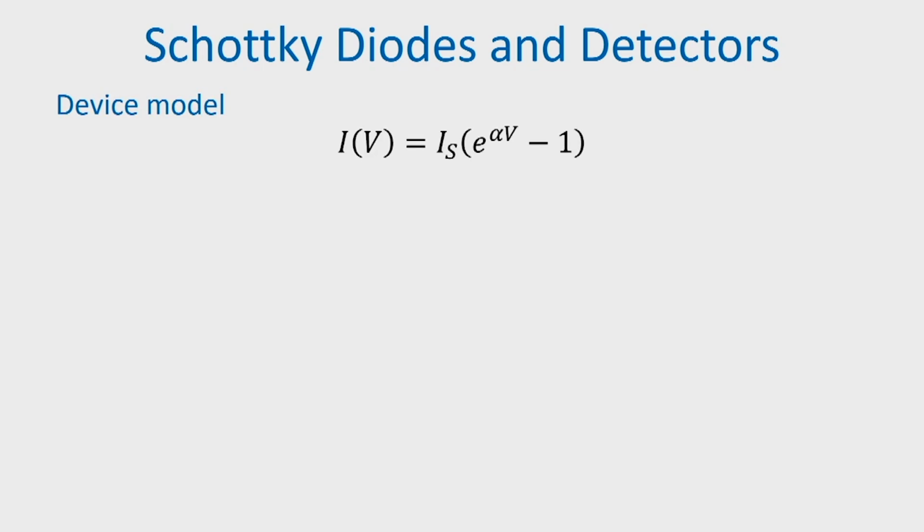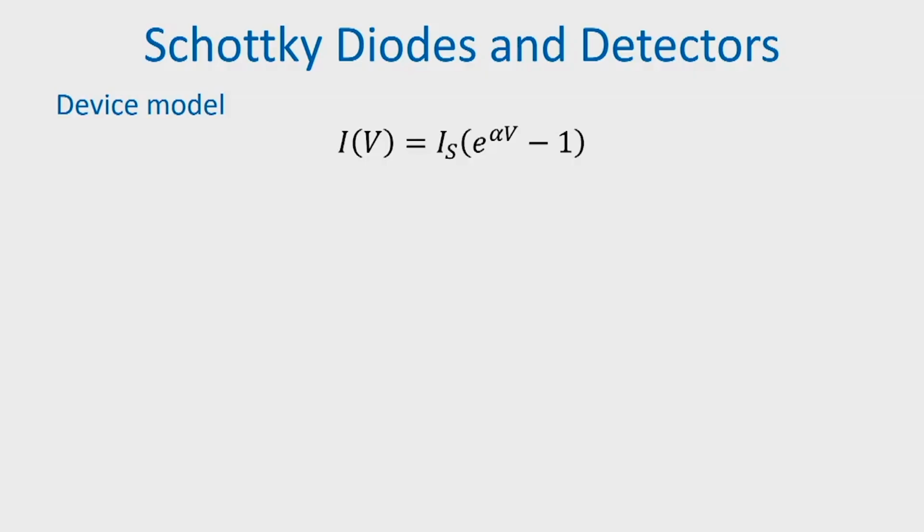So, the current I flowing through a Schottky diode can be written as Is e to the power alpha v minus 1, where alpha is equal to q by n k t.